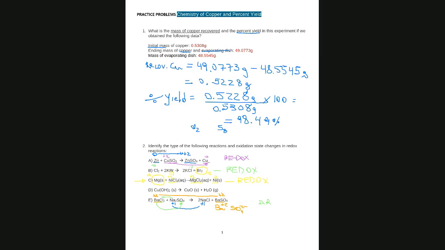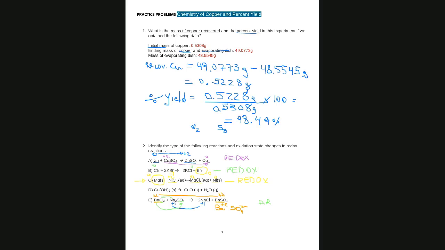Any questions so far? I put 3 redox because I know redox are the hardest to recognize, so I wanted to make sure we go over those. And let's look at D. D is easier to recognize because you look at how many substances you have on the reactant side.